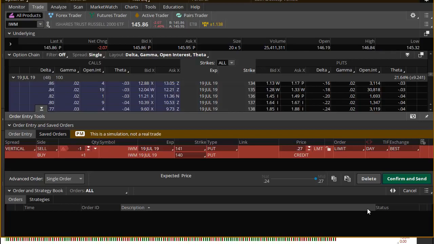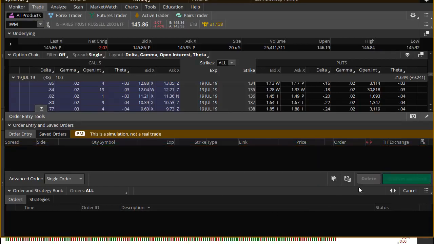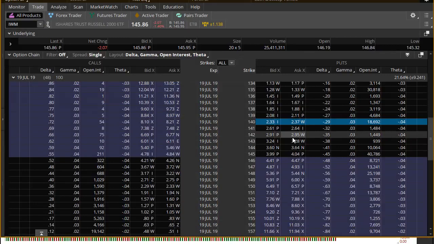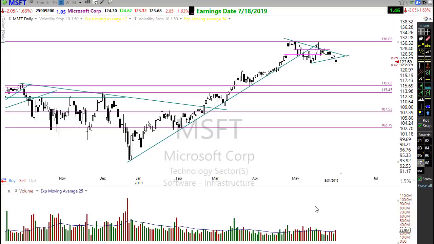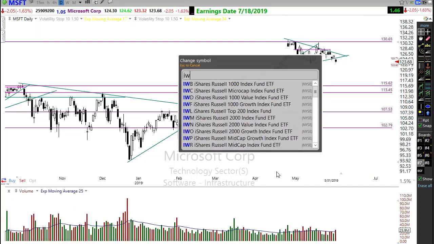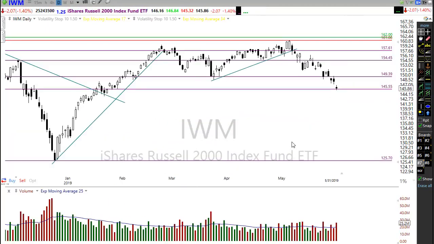Okay. But what if we had some volatility? What if Monday morning IWM were to gap down? Anybody think IWM has the potential of gapping down on Monday? Yeah. What if IWM has a volatility move and then we bounce right back up?